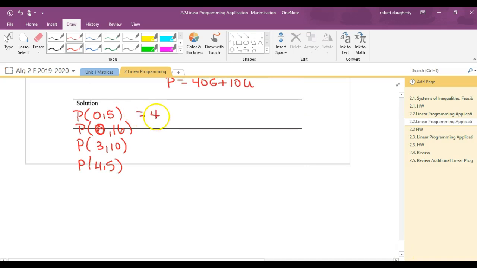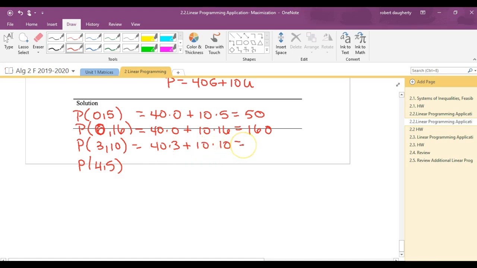So this is 40 times 0 plus 10 times 5. That's 50. This is 40 times 0 plus 10 times 16. That's 160. This is 40 times 3 plus 10 times 10. That's 120 plus 100. That's 220. This is 40 times 4 plus 10 times 5.